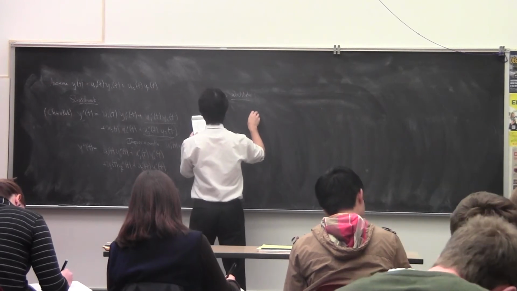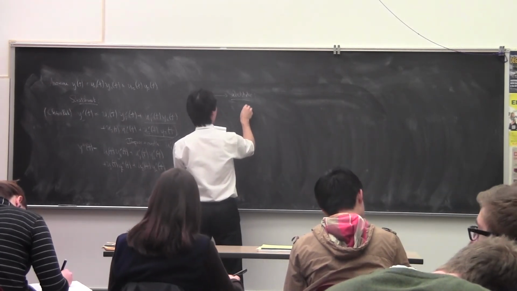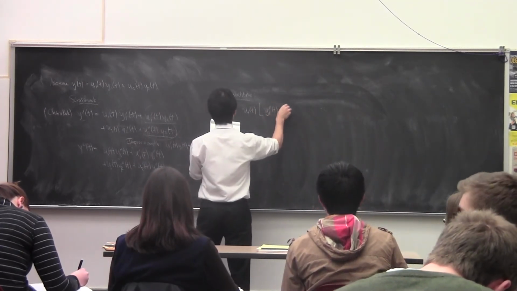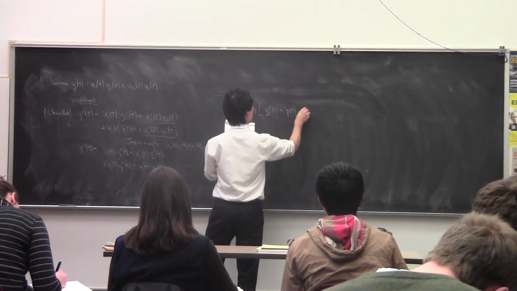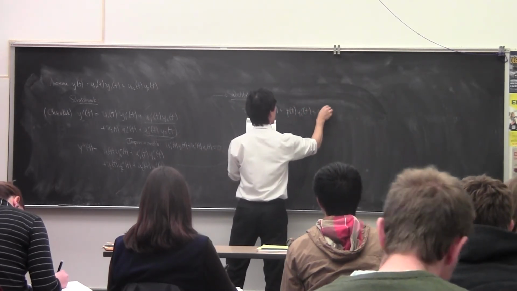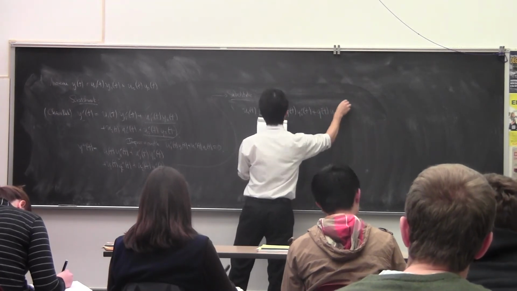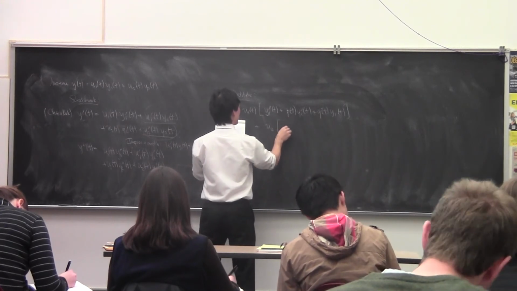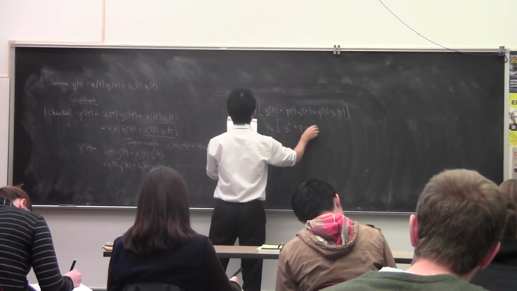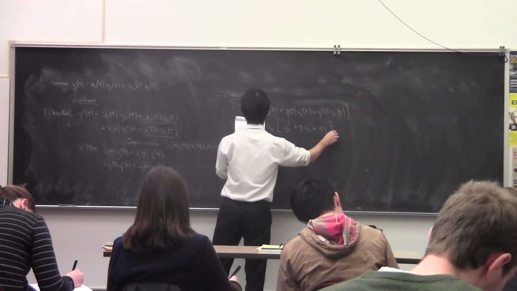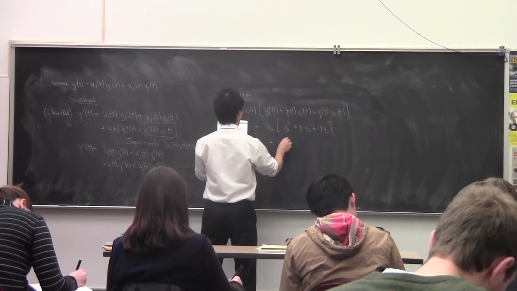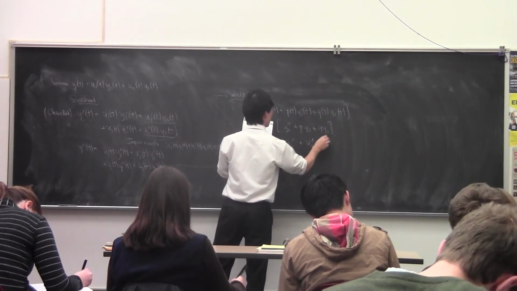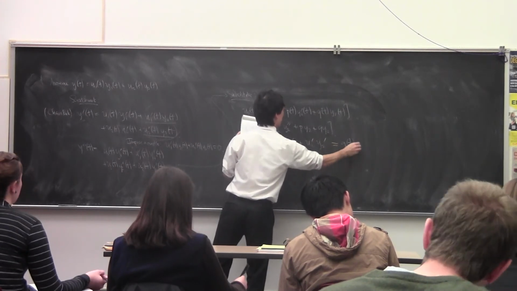And what happens is you end up with u1 times (y1'' plus p y1' plus q y1). I'm going to suppress the t's to make it cleaner. You get u2 times (y2'' plus p y2' plus q y2), plus u1' y1' plus u2' y2' equals g.